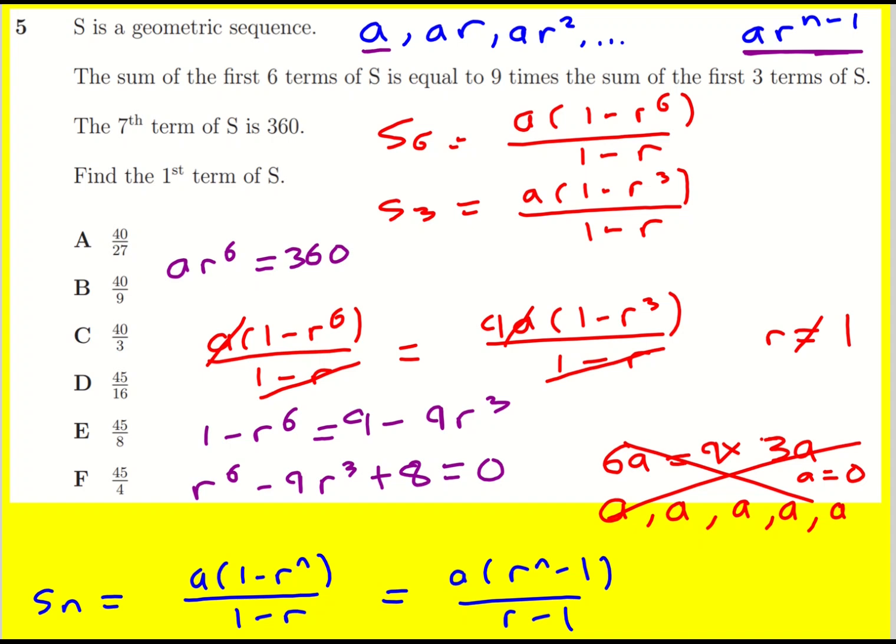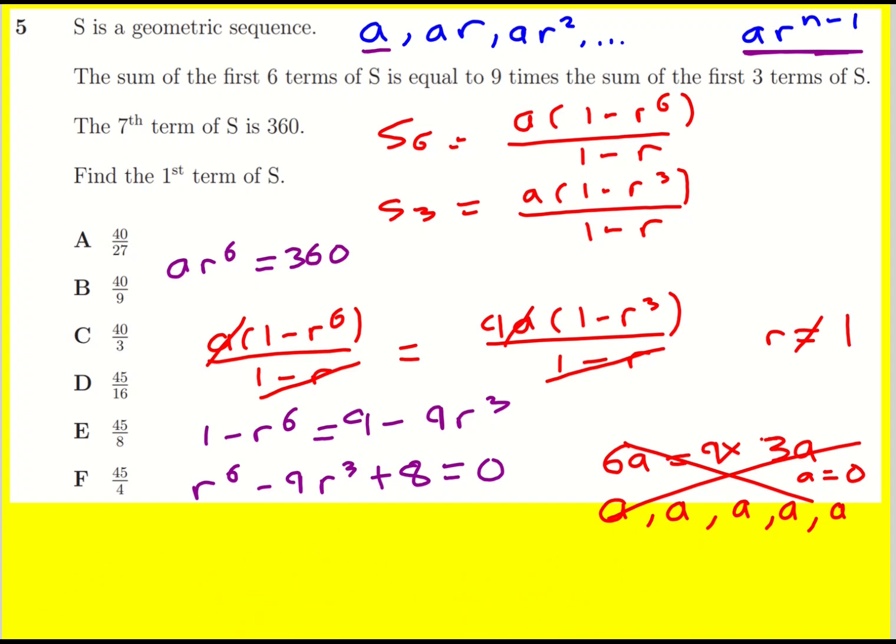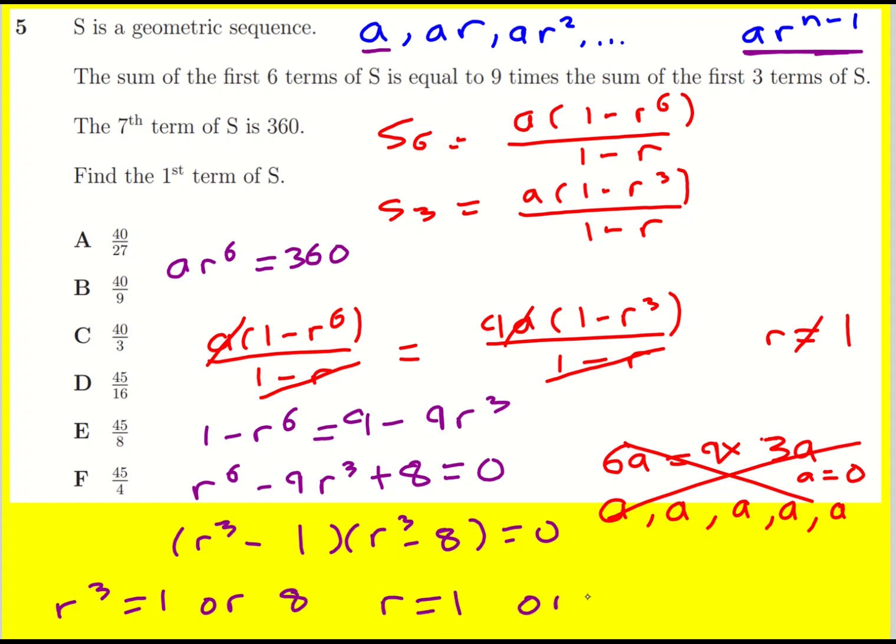And you can either do a substitution, let u equal r to the 3, for example, or we can just go ahead and factorize in terms of r to the 3, which is what I'm going to do. So they've got to both be negative. It's going to be minus 1 and minus 8. So r to the 3 is equal to 1 or 8, which means r is equal to 1 or 2.